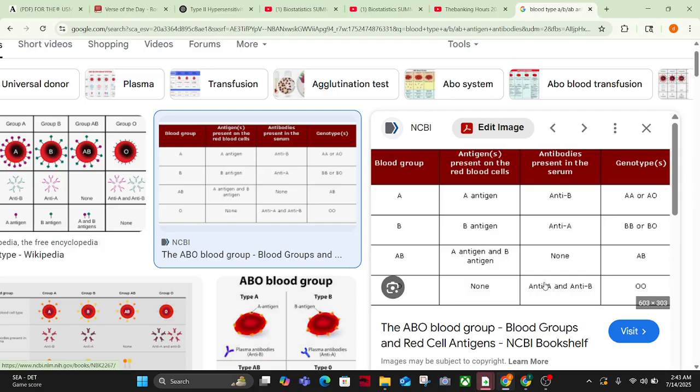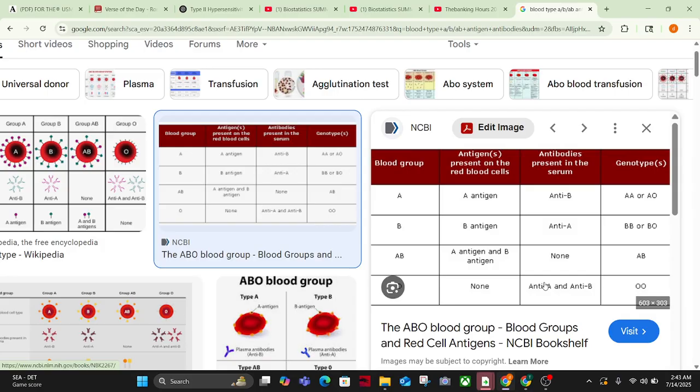And the other thing you have to know is that here IgM antibodies are involved. So in acute hemolytic transfusion reaction, IgM antibodies are involved. The recipient IgM antibody attacks donor RBC.